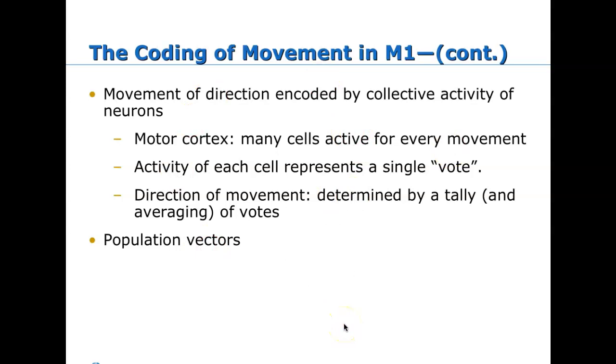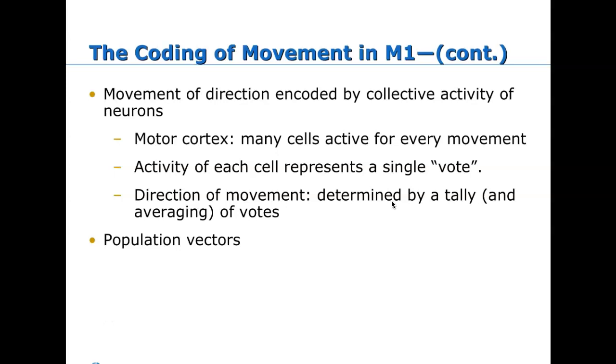There's a couple more topics we're going to touch on and finish this. Remember back when we talked about the coding of sensory pathways and how the neurons actually code? Well, in the movement in M1, the neurons code in a way that's somewhat similar to the coding of the olfactory neurons.